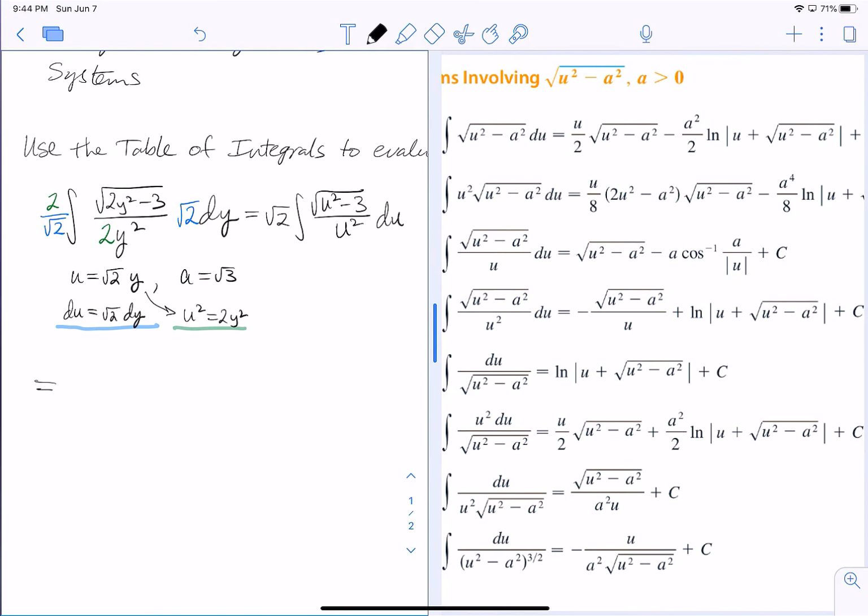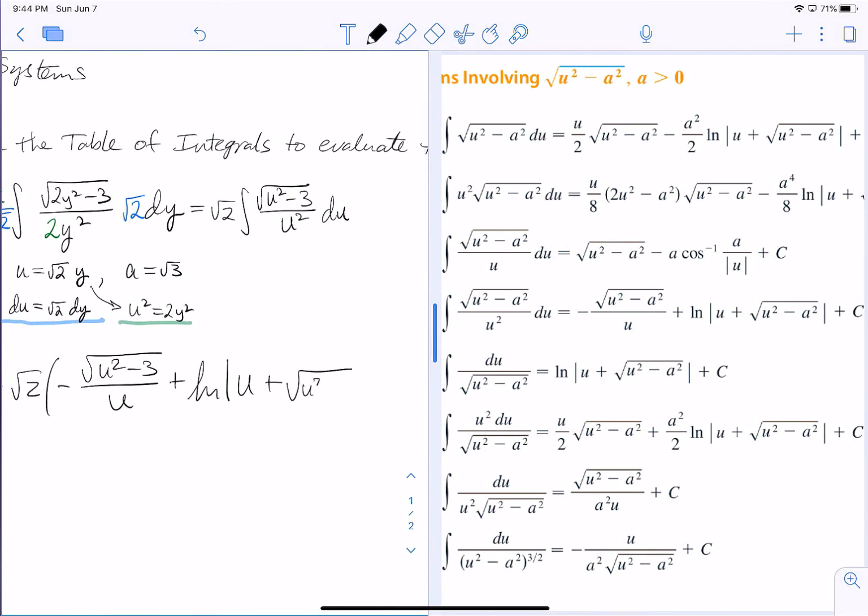So our integral then becomes the square root of 2 times negative square root of u squared minus 3 divided by u plus the natural log of the absolute value of u plus the square root of u squared minus 3, close the parentheses, plus c.